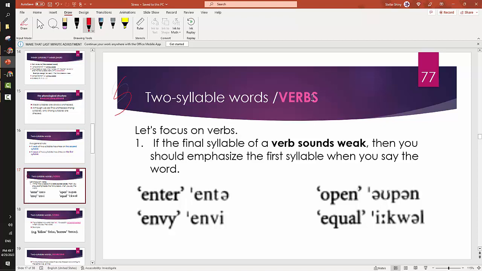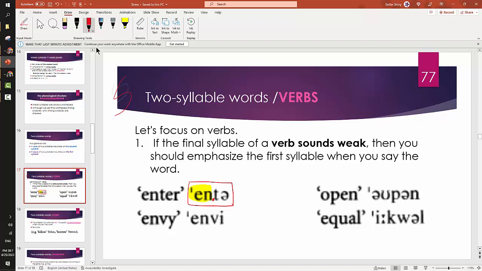But here, an exception. Let's take the word enter. Enter is a two-syllable word. We said, as a general rule, we have to stress the second syllable.